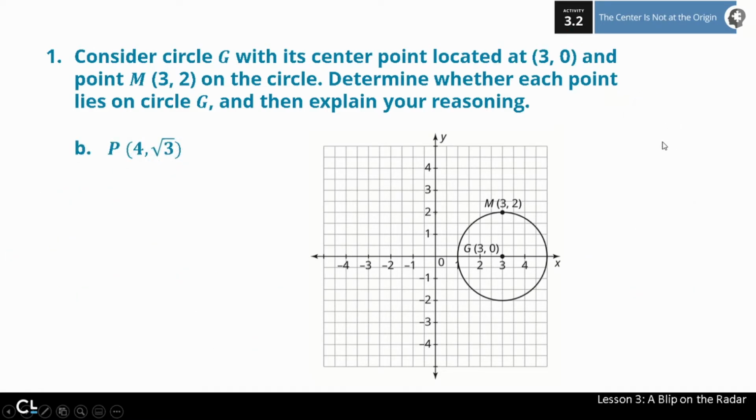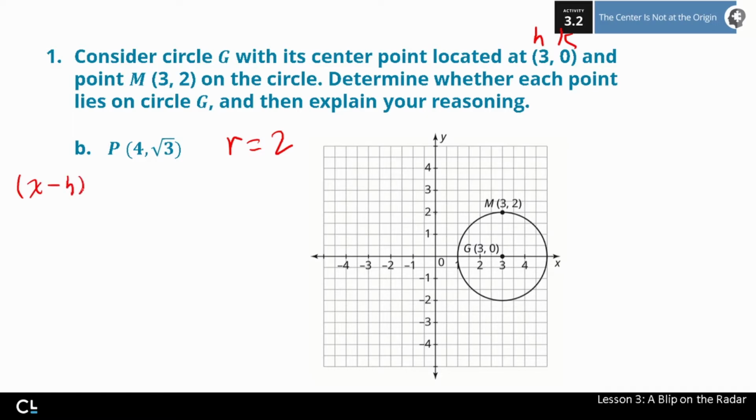Same circle. I'm going to start from scratch again. Here's our center, 3, 0, H, K. What's my radius here? Well, one way we could do it is we could also look at the graph and we could count. 1 is here. Look, be careful. Not each dash is 1. So we go 1, 2. Our radius is 2. And think of our standard equation.